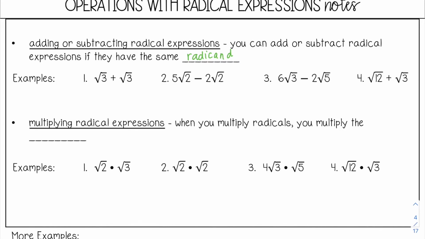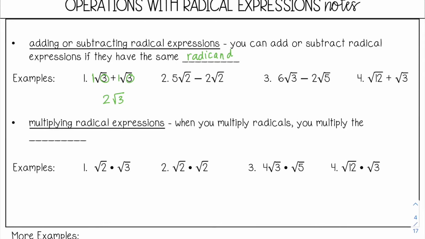We can add those together because they have the same radicand, which is 3. And when you add those, you're going to get 2 square roots of 3. So you can think about it as a 1 times the square root of 3, so 1 plus 1 is 2, and then you bring the square root of 3 down. So you're really adding or subtracting the number outside of your radical symbol.